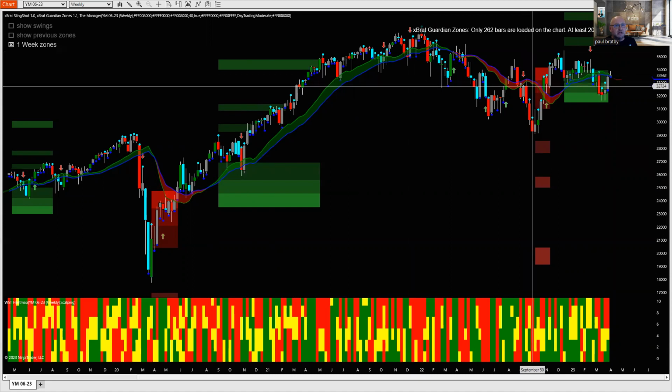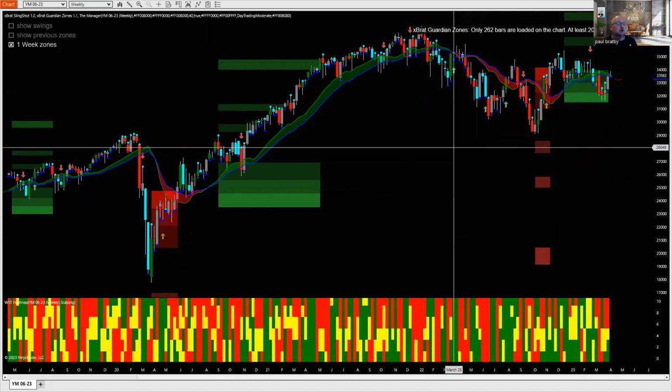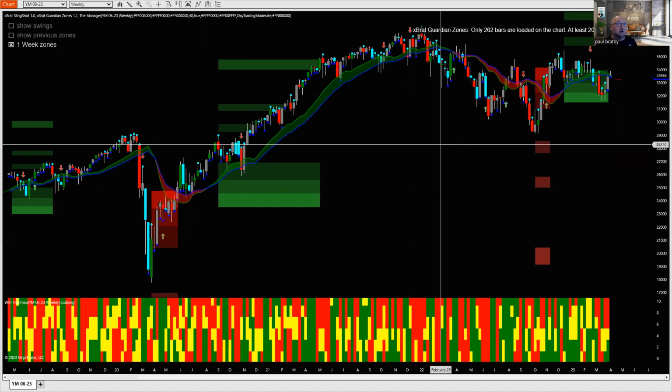I'm more interested in what happens here. So George, at some stage, a version of the Guardian zones will be put as part of the SlingShot, okay? Again, it's about building the thought process and you guys getting involved with that development with me. So we'll be trialing certain things and then building it in.